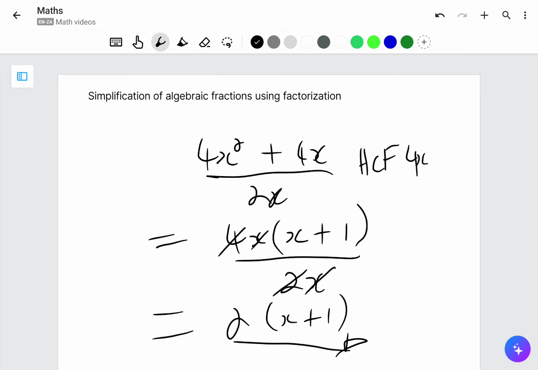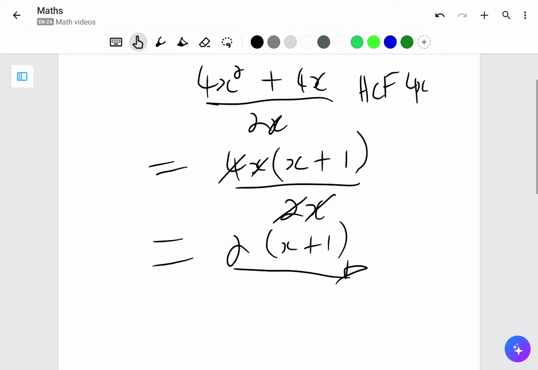You guys follow? So that is all that is to that one. Remember, 2 went into 4 two times, x went into x once, and so it cancelled. That's why we're left with 2 times x plus 1.